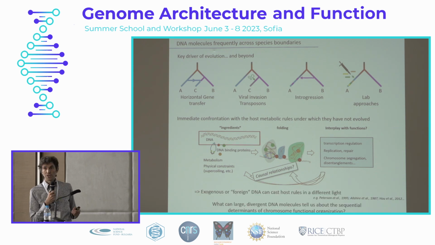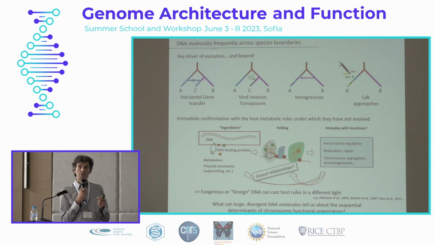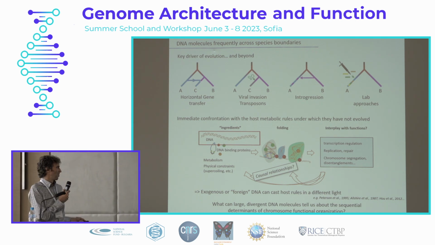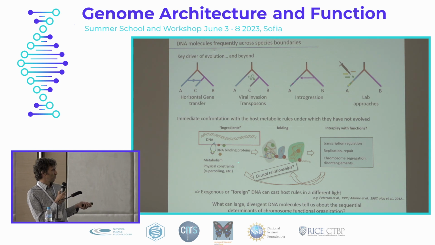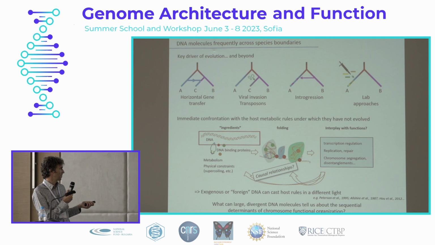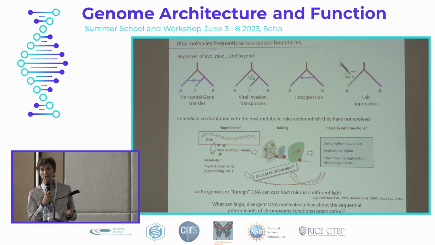When you inject a new DNA molecule that has not evolved in the host forever, you don't do reverse genetics or anything like that, but you just modify the substrate of all the rules that are going to apply on this molecule.